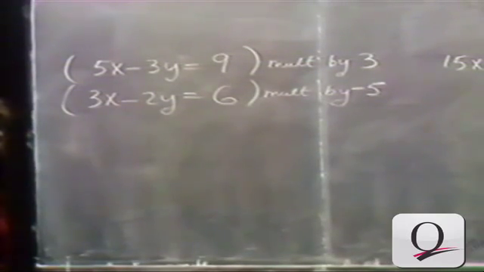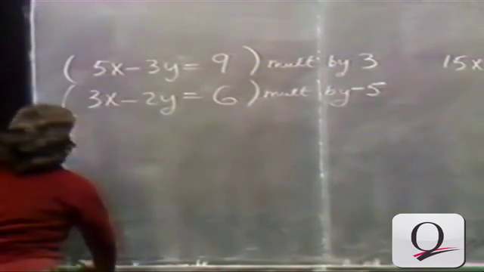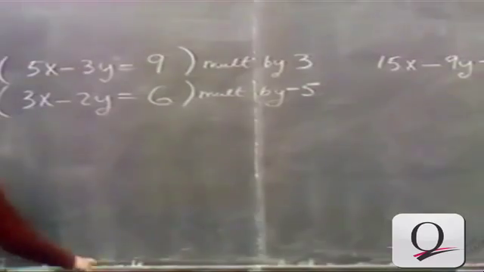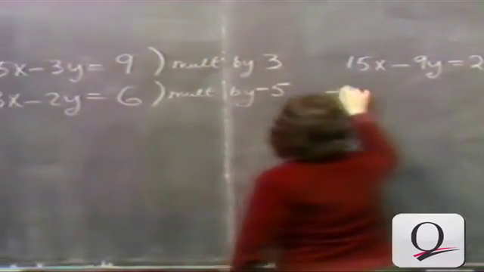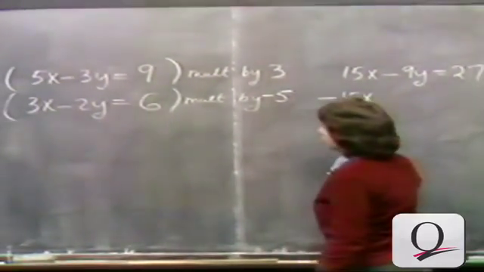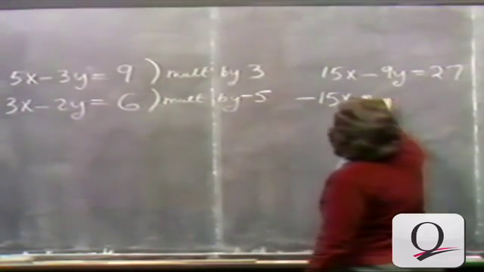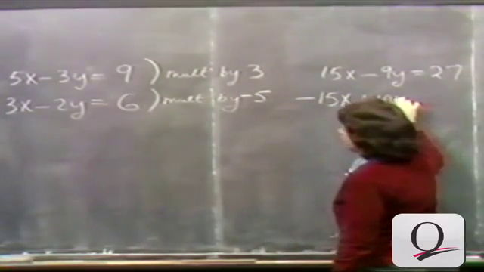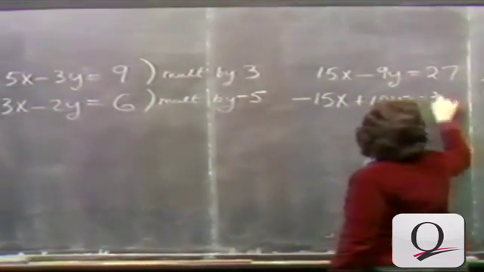And multiplying the bottom equation by minus 5, we get minus 15x plus 10y equals minus 30.